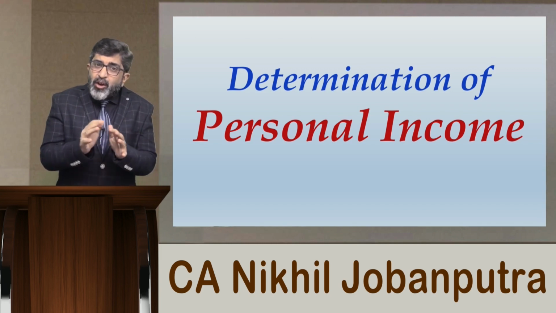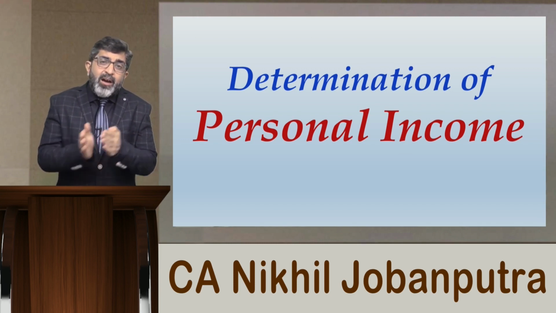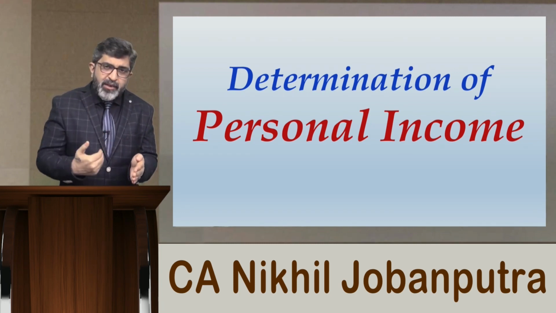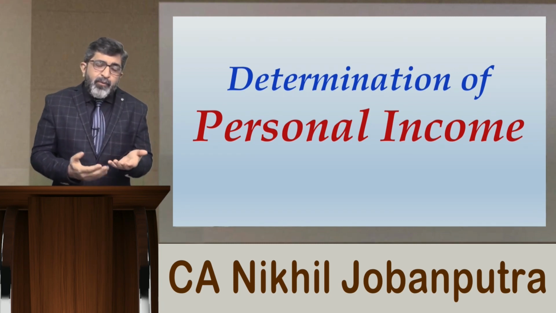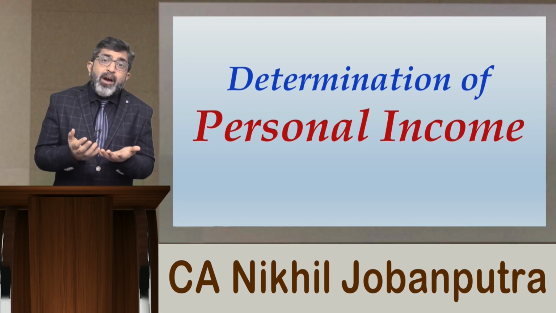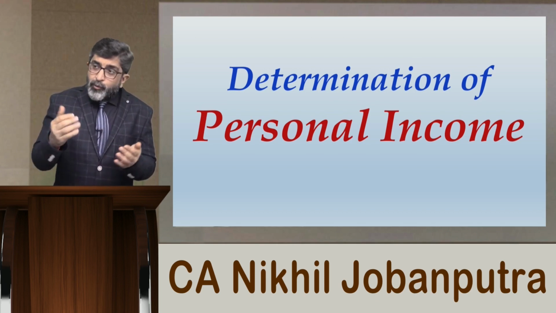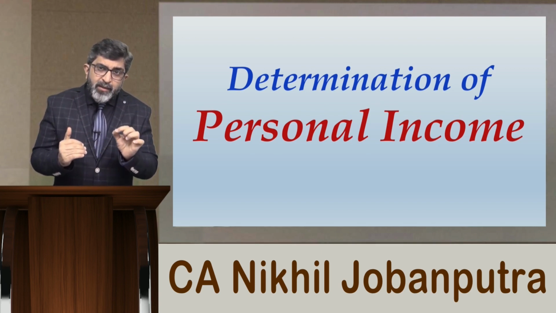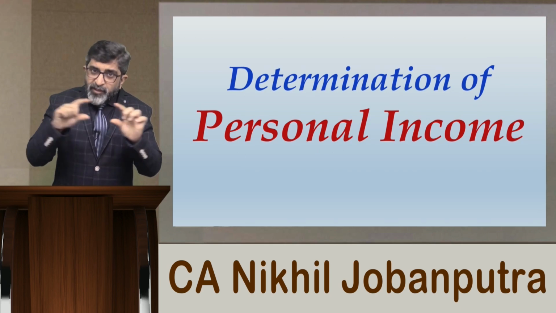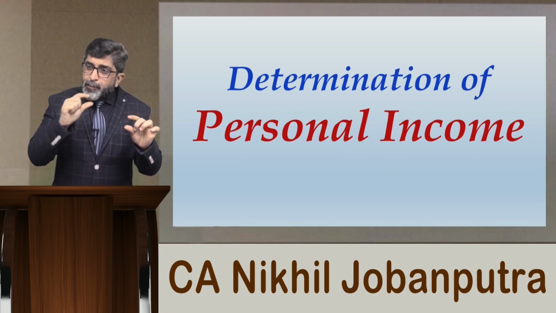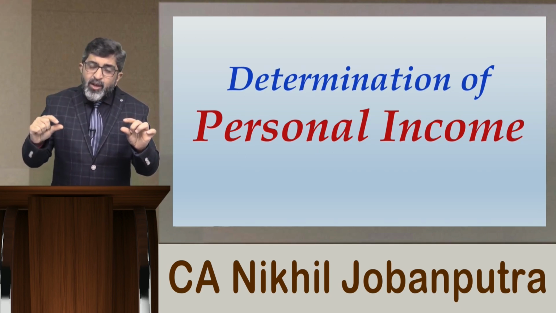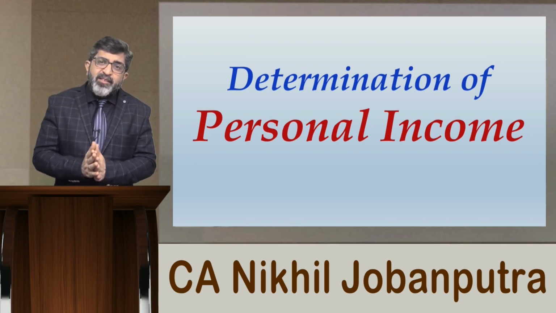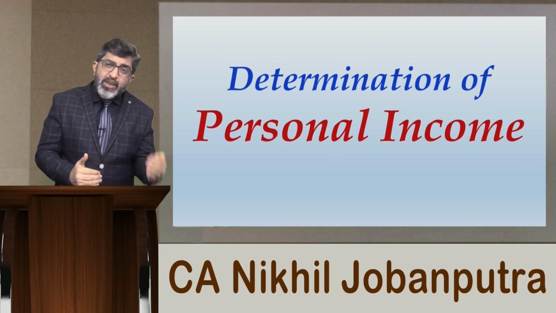So it is not actually income tax but another form of compulsory payments to be made by households to the government. Such payments will not be in the hands of the household for their disposal. So when you arrive at disposable personal income, you should be very clear that personal income minus the personal income taxes, and also subtract if there are any other such compulsory payments to be made by household to the government.